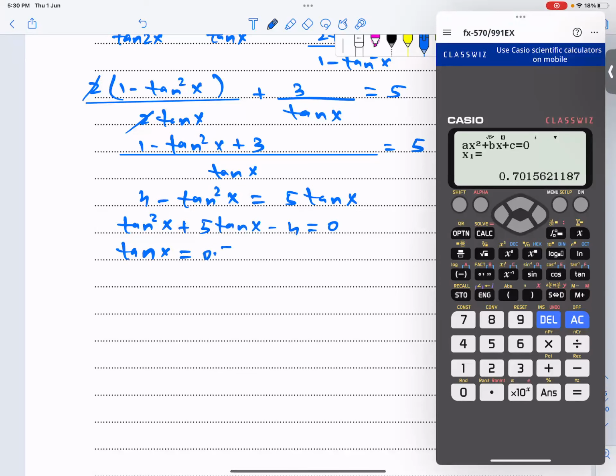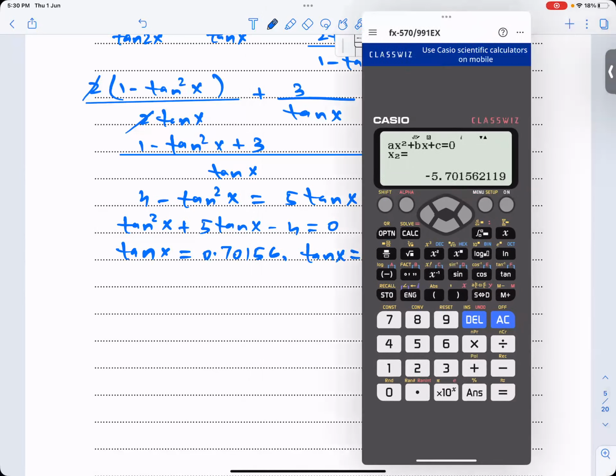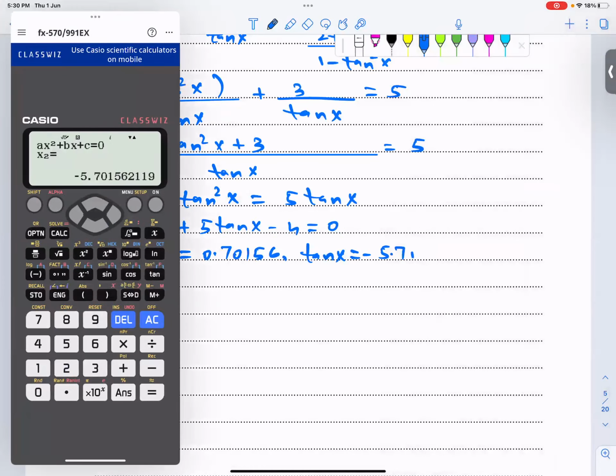So tan x is equal to 0.70156, I'm writing till 4 or 5 digits so that my answer will be correct, and then tan x is equal to negative 5.70156.